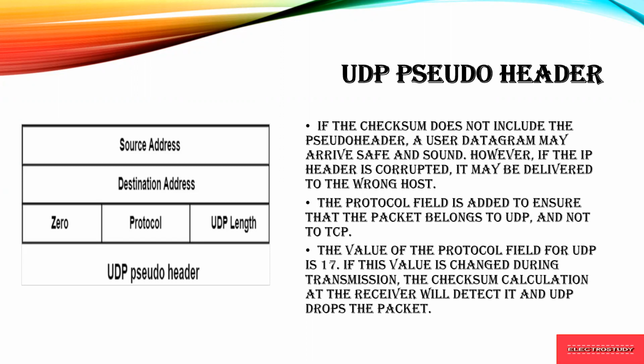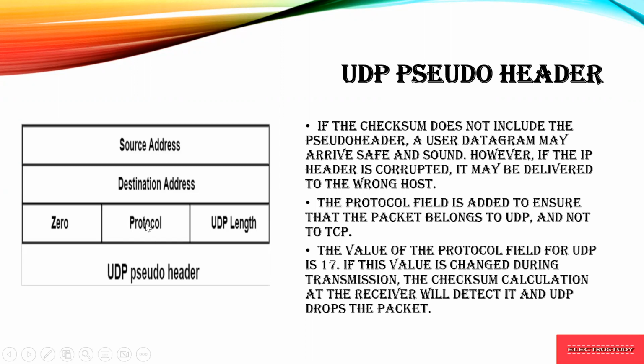That is why the UDP pseudo header is used. In UDP, the checksum is not a must. So the user datagram may or may not arrive safe. However, if the IP header is corrupted, it may be delivered to a wrong host.